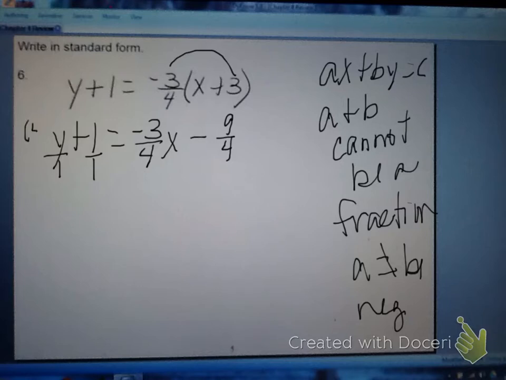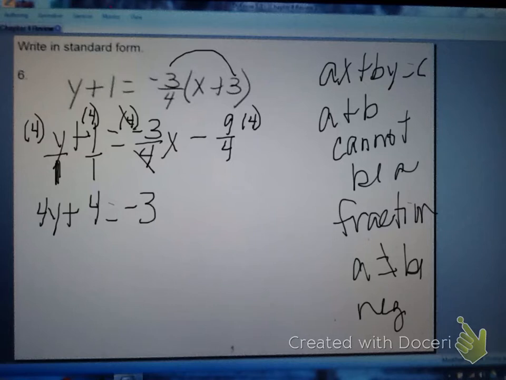So I'm going to multiply every term by 4. When 1 is in the denominator, you just multiply 4 times y and you get 4y, plus 4 times 1 is 4, is equal to, the 4's cancel, so I get negative 3x. And here the 4's cancel, so I get minus 9.